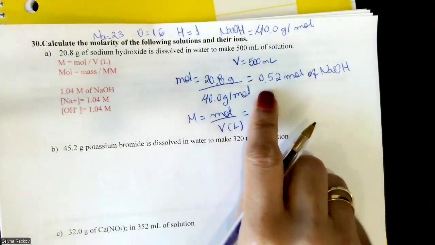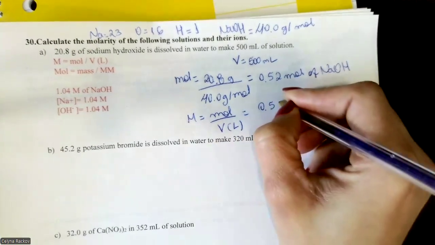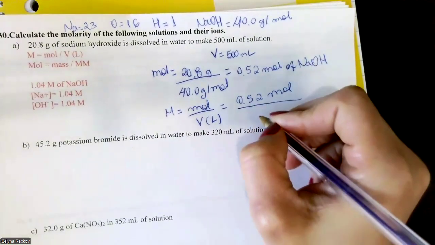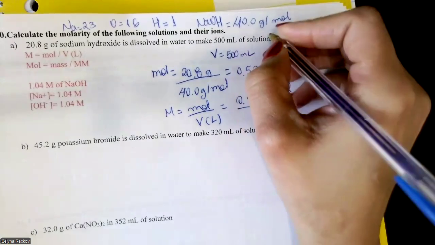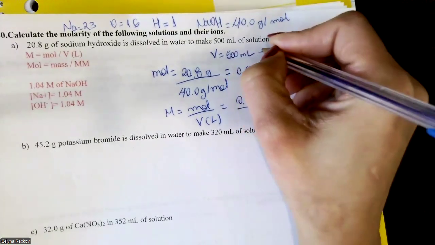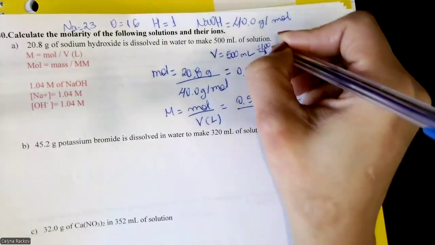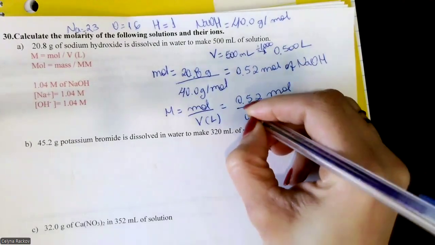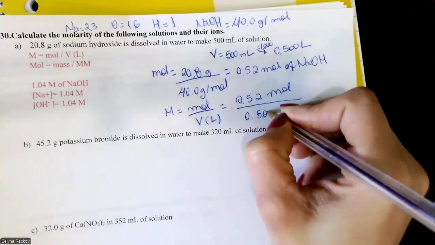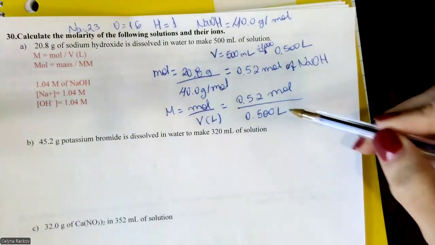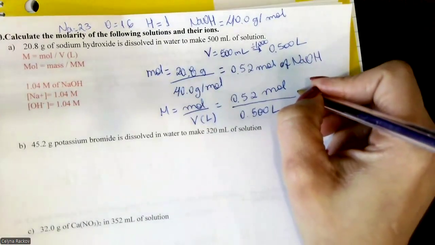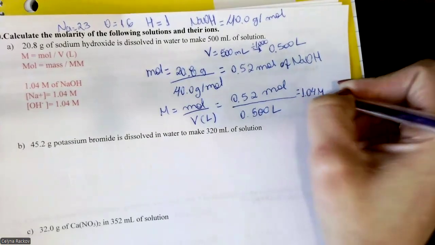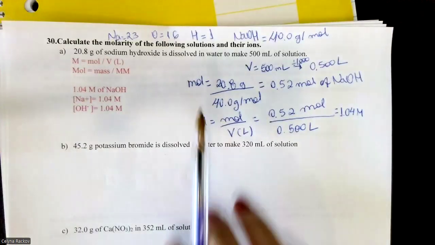What was the moles you guys got here? 0.52 moles, right? Divided by the volume in liters, 500 milliliters divided by 1,000 will be 0.500 liters, right? When you do this division, your answer will be 1.04 molar. So this is the answer for the solution.